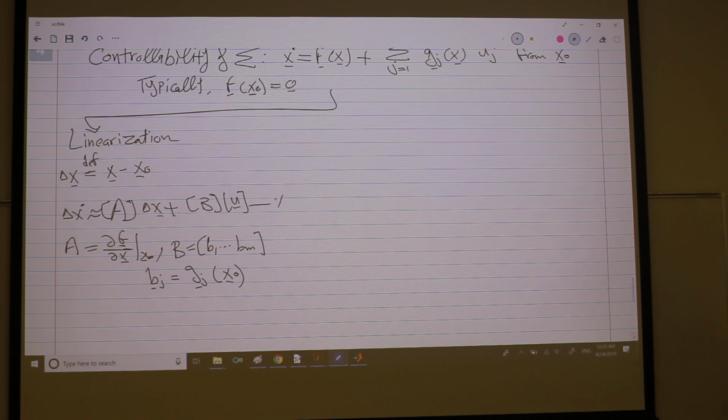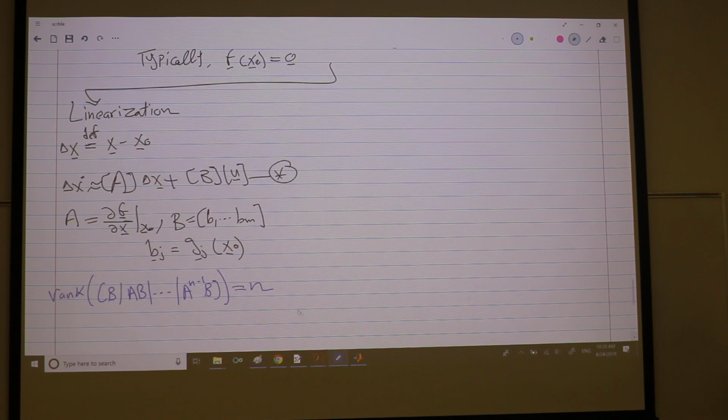So let's call this system star, and we have a condition for the controllability of star. So if the rank of your [B, AB, ...] is n, what do we conclude about the controllability of star? This is actually a necessary and sufficient condition for the controllability of star. So star is controllable, right?